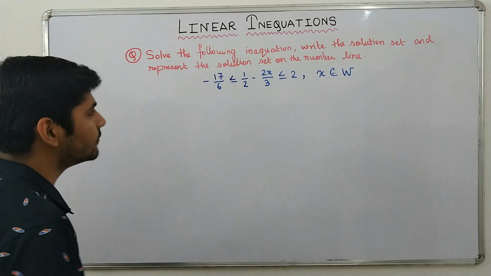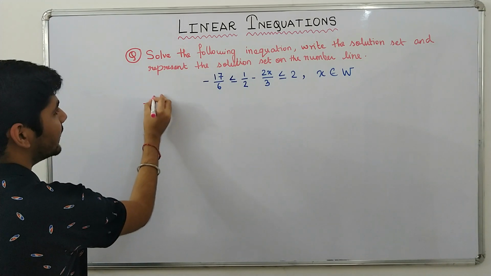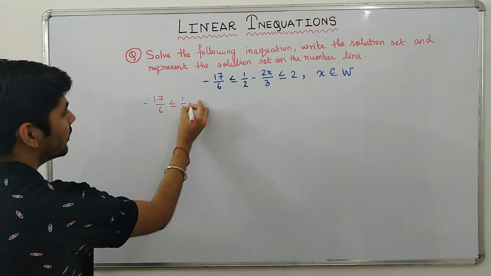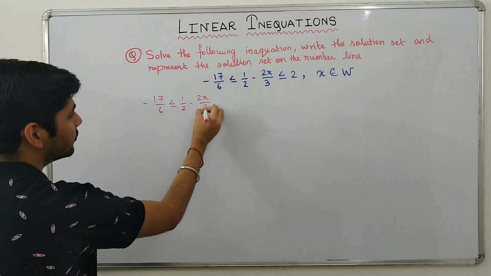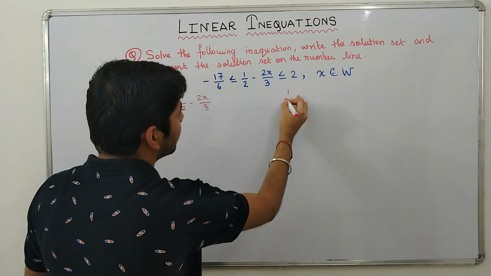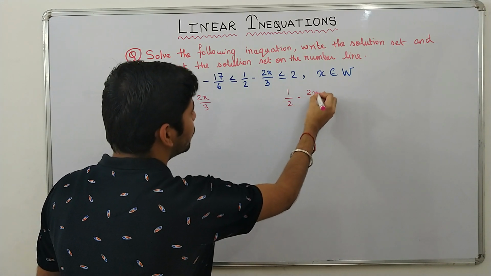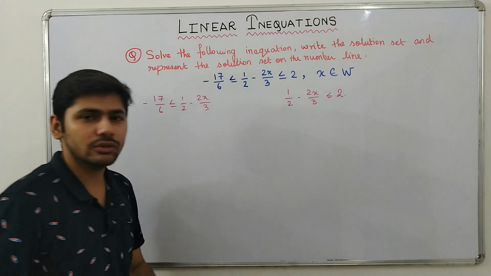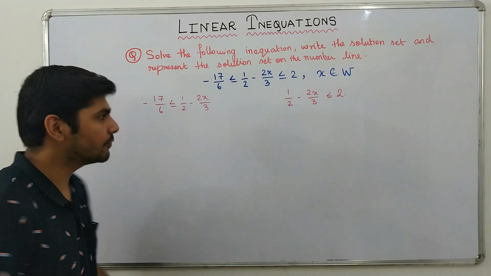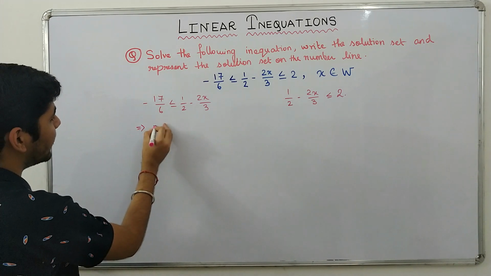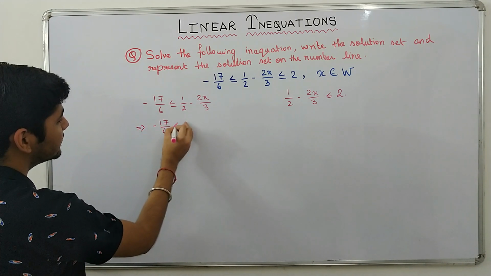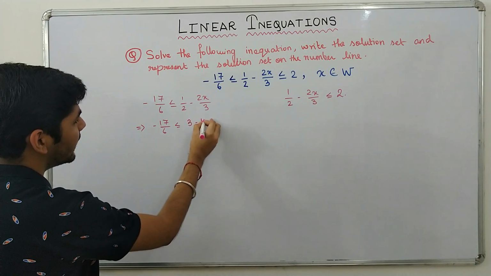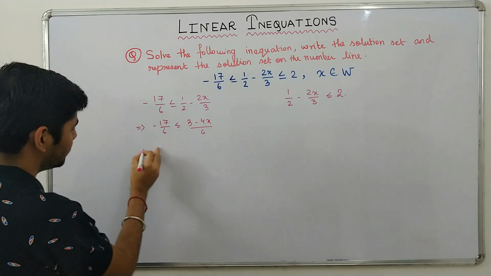Let's do it. So we get minus 17 by 6 is less than equal to half minus 2x by 3, and half minus 2x by 3 is less than equal to 2. So we get two separate inequations. Let's solve them. Over here we have minus 17 by 6 is less than equal to, let's take the LCM, we will get (3 minus 4x) by 6.